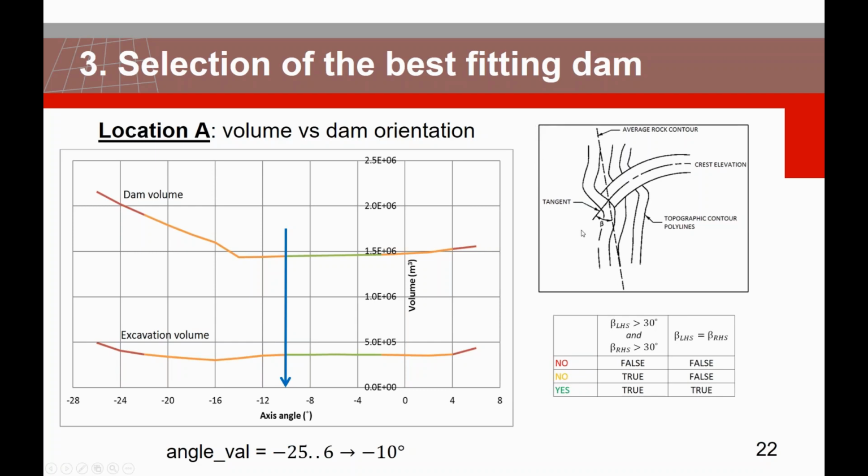Because, if you already know, it is the 30 degrees rule, where if we're going to see the plan view of the dam, and here we see the abutment, and the angle between the tangent and the average rock contour should be larger than 30 degrees. And this should be applied for both of the sides. And these two β angles should equal to each other.